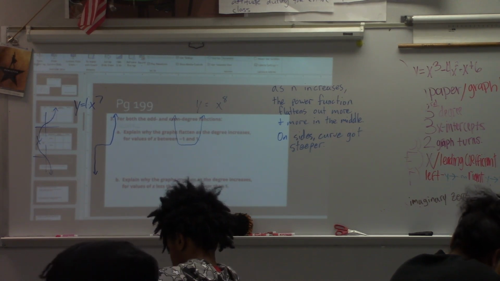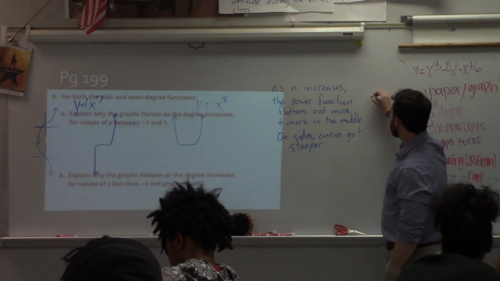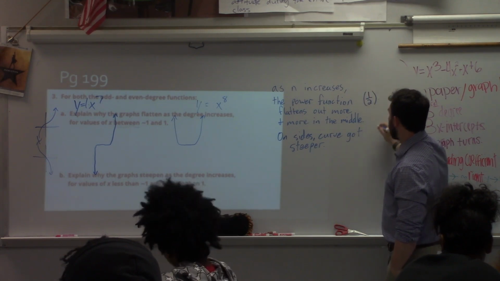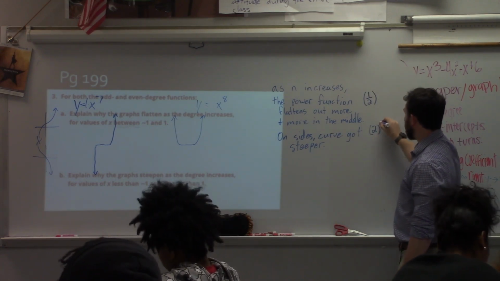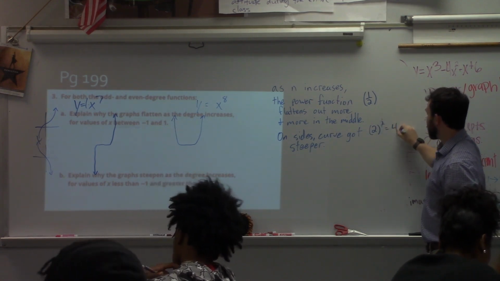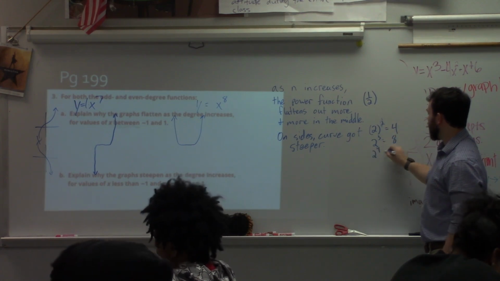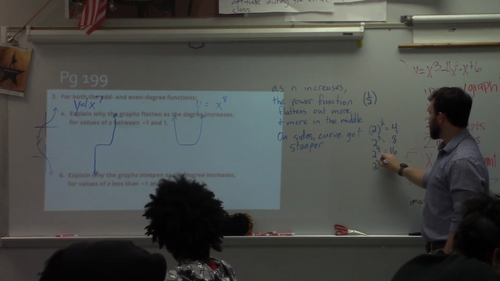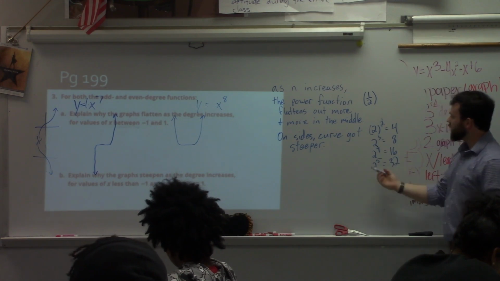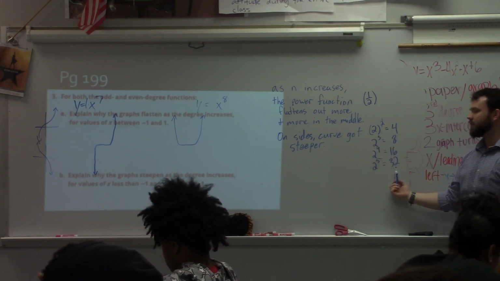So here is why. This is number 3 on page 199, and this is the last thing we will do today. Think about this. 2 to the second is 4, 2 to the third is 8, 2 to the fourth is 16, 2 to the fifth is 32. Notice for the same input, what's happening to the output as n increases?